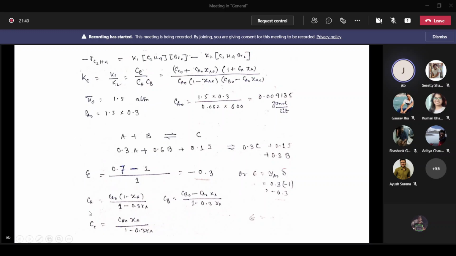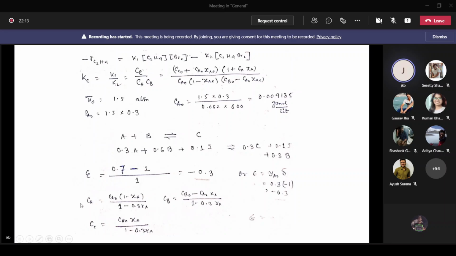Then Ca we can write as Ca0 into 1 minus Xa over 1 plus epsilon A Xa. This is the complete application of the stoichiometric table that I have shown for both batch reactors as well as flow reactors. Using the stoichiometric table we can find the concentrations, and Cc is Ca0 Xa divided by the same 1 plus epsilon A Xa.